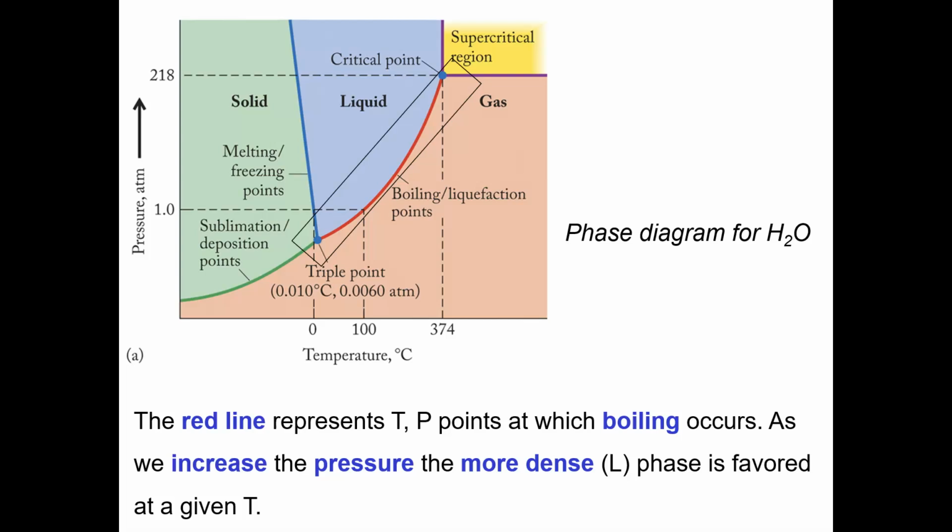Okay, so our next line over is this red line that I put in the rectangle here. And the red line separates the liquid from the gas. So this red line represents temperature and pressure points where we're having boiling and condensation occurring.